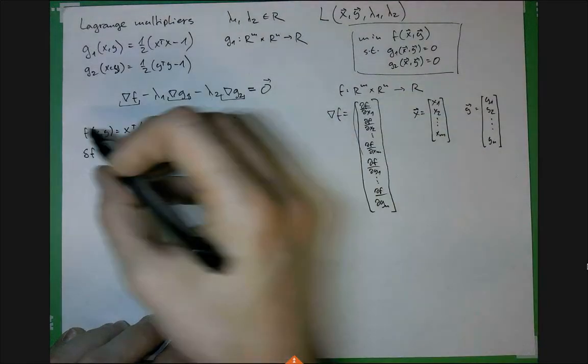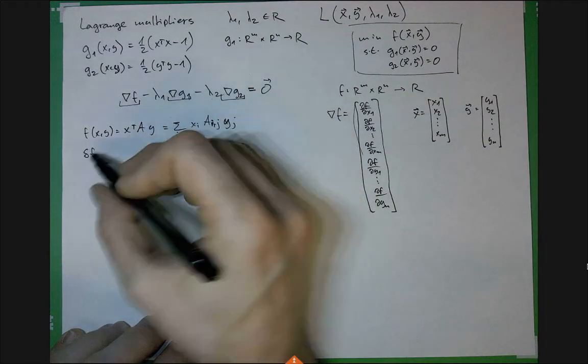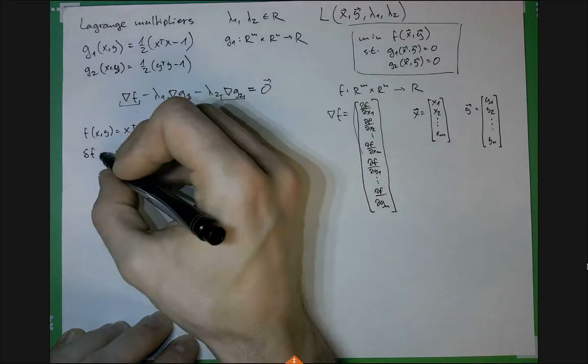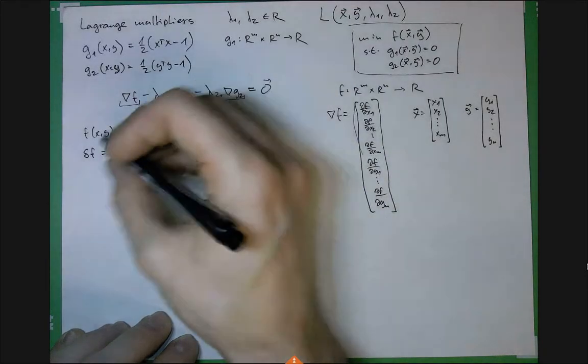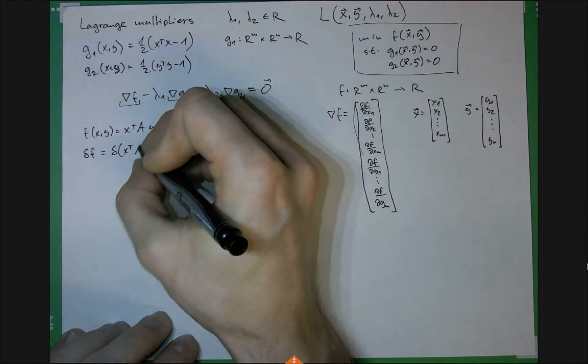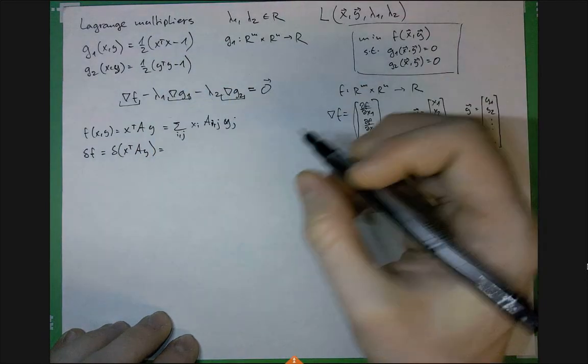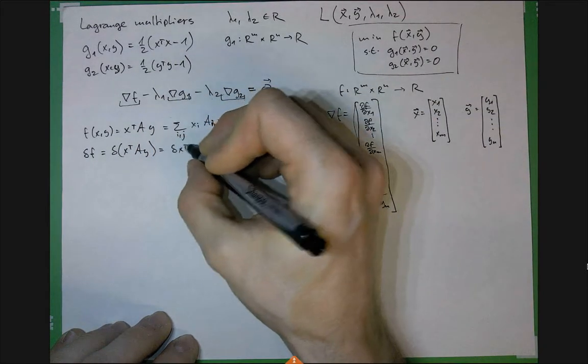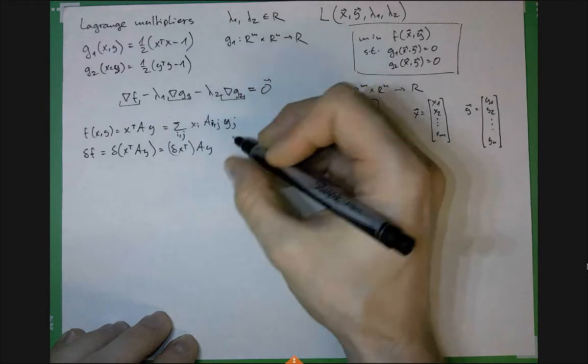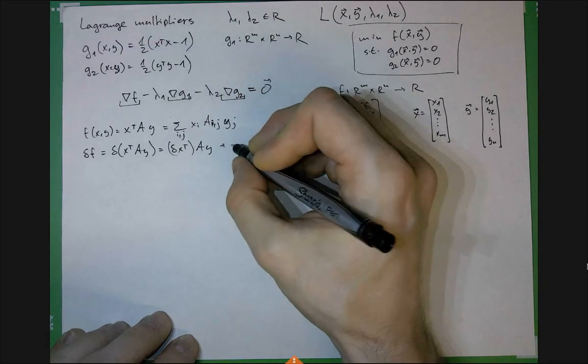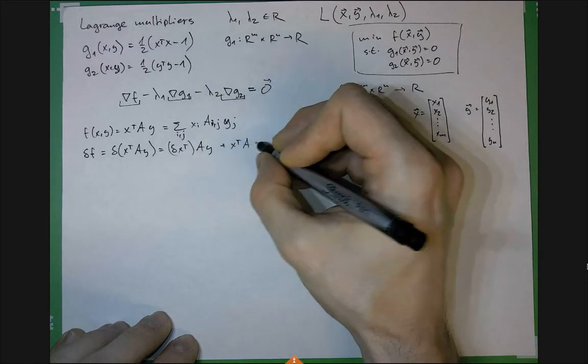So if my f is x transpose Ay, the differential of f can be computed quite easily. This is just the differential of x transpose Ay, which is in turn the differential of x transpose times Ay, plus x transpose A times the differential of y. This is the product rule for differentials.